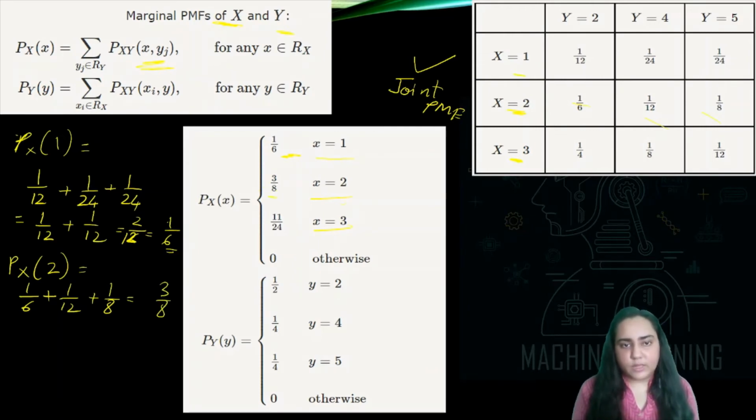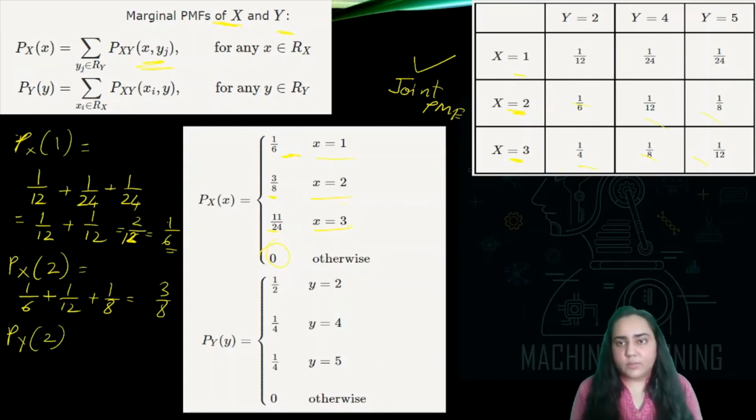Similarly, to get x equal to 3, I add 1 by 4, 1 by 8, and 1 by 12, and that gives me 11 by 24. You can verify. We know that x can only be 1, 2, and 3. If it is anything other than that, then the probability is 0, because it cannot be. What about y? To calculate the PMF of y, let's say we want to calculate the probability of y being 2.